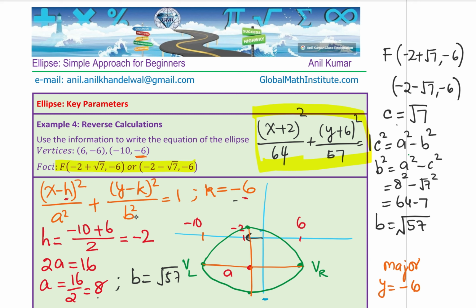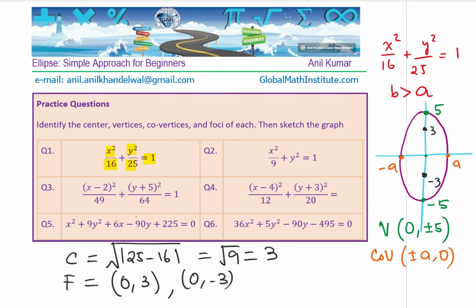So I hope the steps are absolutely clear. Now let's end this video with some practice questions. I did one of them, which was question number 1 earlier. The other questions are for you to practice. Well, 1 to 4 are similar to the examples which we did. In question number 5 and 6, the standard equation is written in a different form.